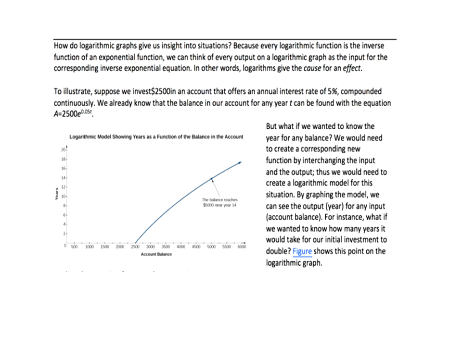Okay, so how do logarithmic functions give us insight into situations? This is a little connection as to how this can be useful information for you. Because every logarithmic function is the inverse of an exponential function, we can think of every output on the logarithmic graph as the input for the corresponding inverse exponential equation.